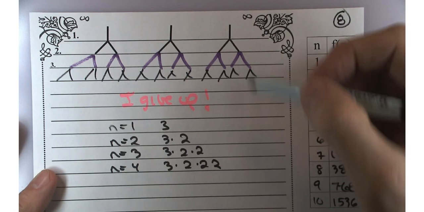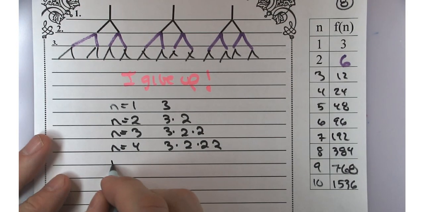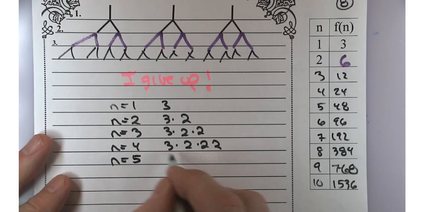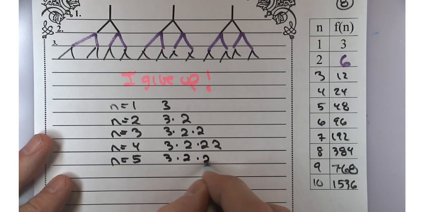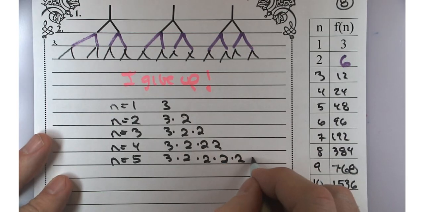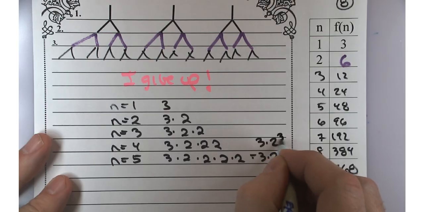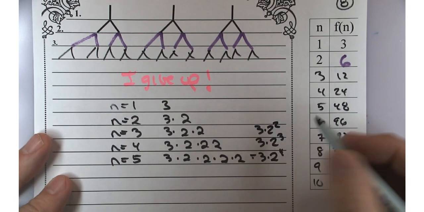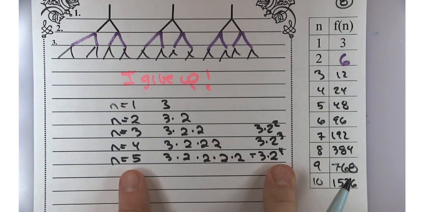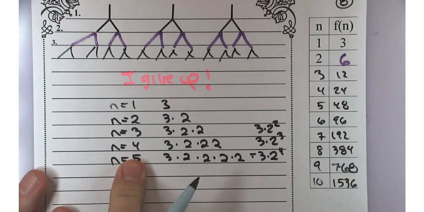And where you start to see the light in terms of this formula is not by continuing to multiply by 2 necessarily, but to realize that that's, say, 3 times 2 to the 4th, or 3 times 2 to the 3rd, or 3 times 2 to the 2nd. And then in general, when you start lining these up, you'll see that this exponent is always just n minus 1.